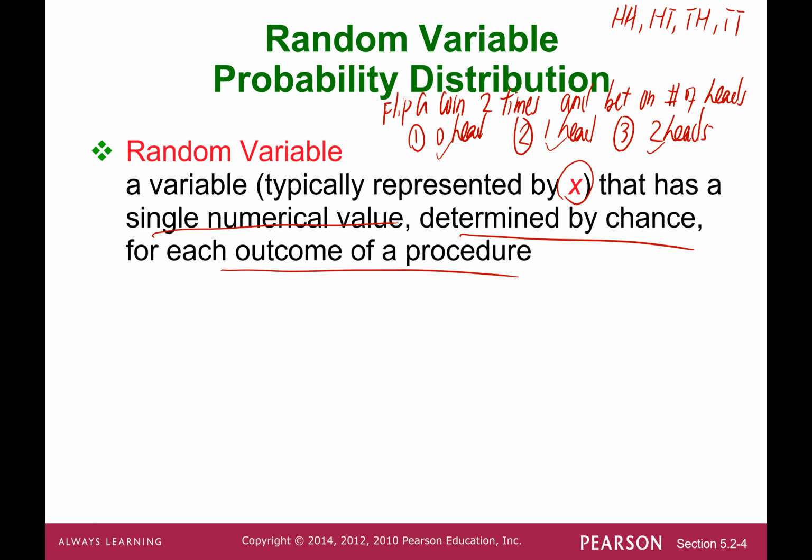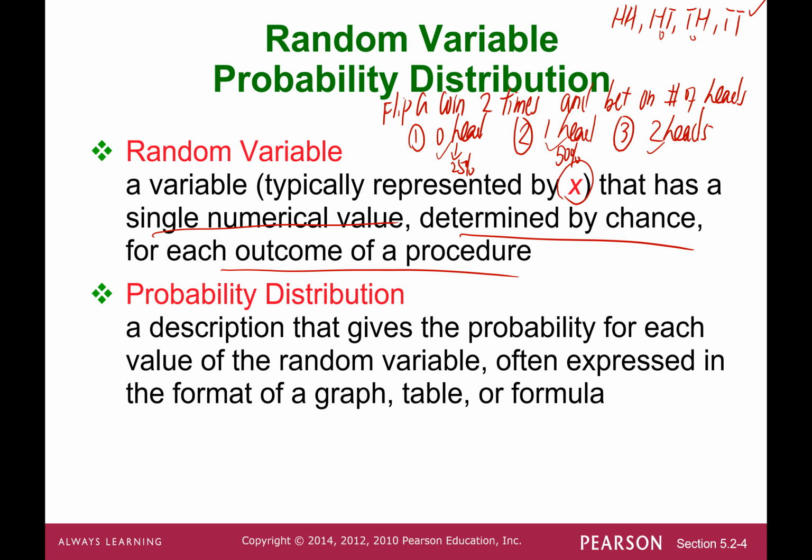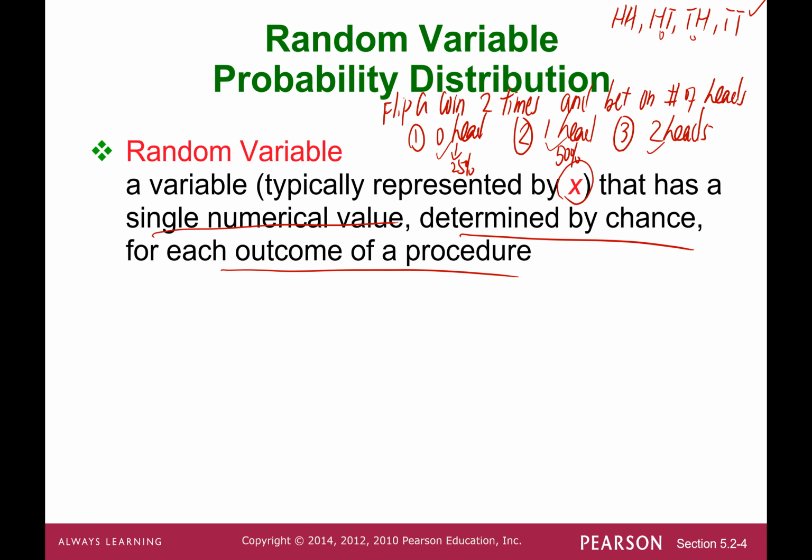That means 0 heads will be a 25% chance. So you have a 25% chance with 0 heads. 1 head will be a 50% chance, from the middle 2 outcomes. And then 2 heads you have a quarter chance, so it's 25% as well.